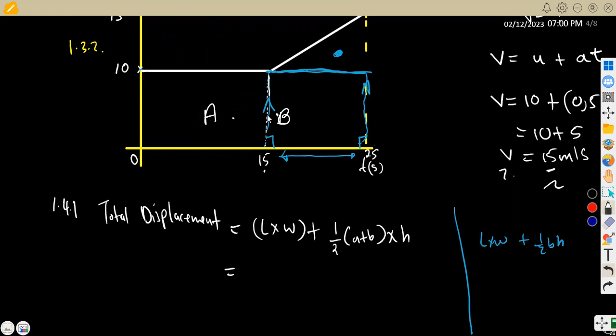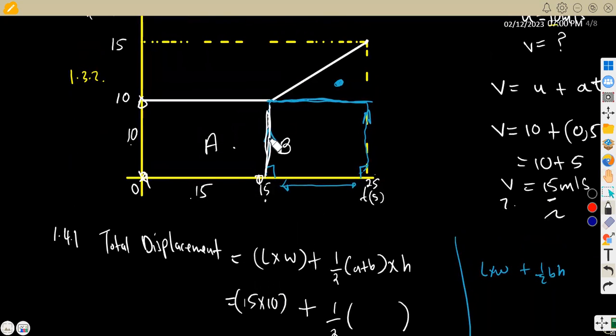Length times width, here I'm referring to A from 0 to 15. That is from this point to this point. This is 15. From this point to this point, that is 10. So it's 10 times 15, or 15 times 10. All right. Plus, for the trapezium, we are going to have the sum of the parallel sides. So remember, I indicated that the sides which are parallel are this side here and this side here. So the length from this point to this point is 10.